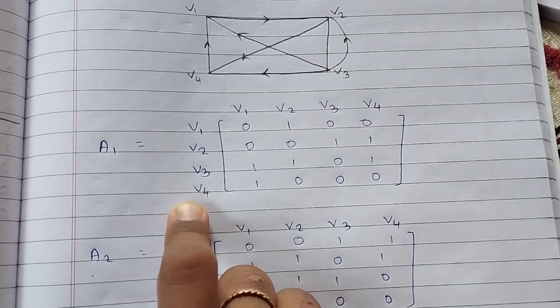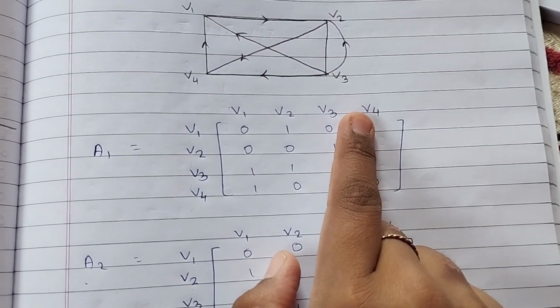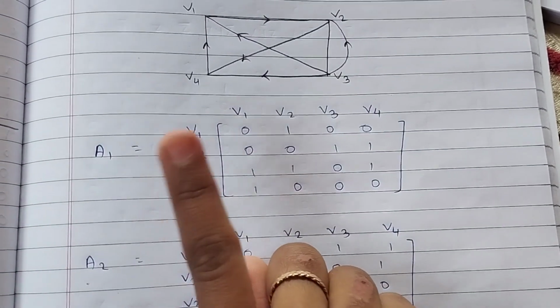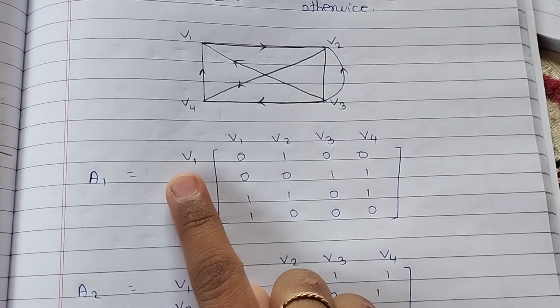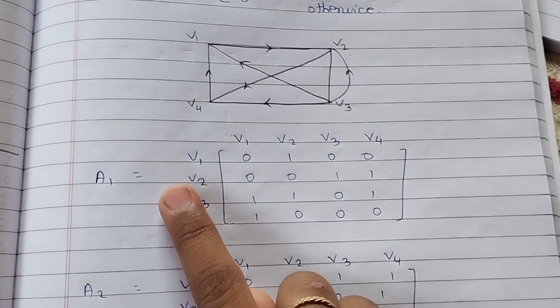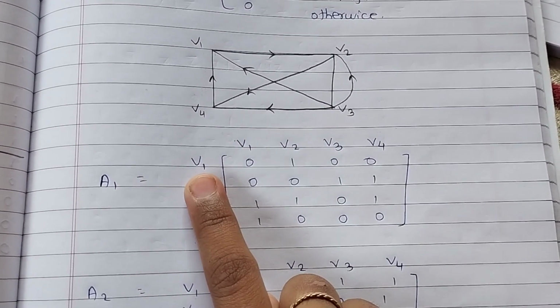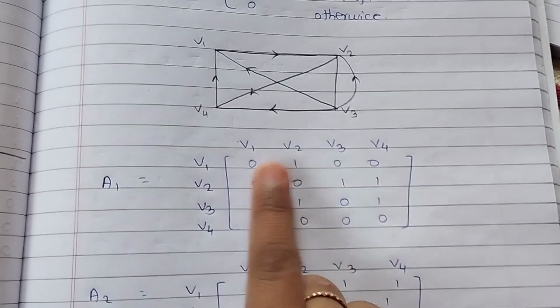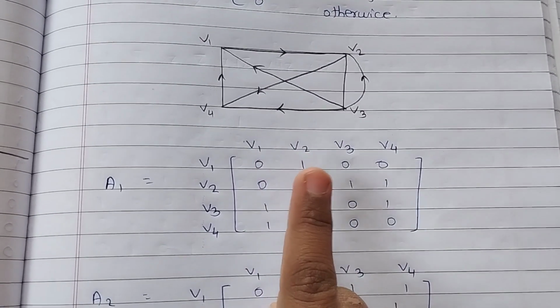Here we write the source vertices and these are all the destination vertices. For A1, if a direct path goes from source to destination, say from V1 to V1, then we write 1, otherwise all are 0.